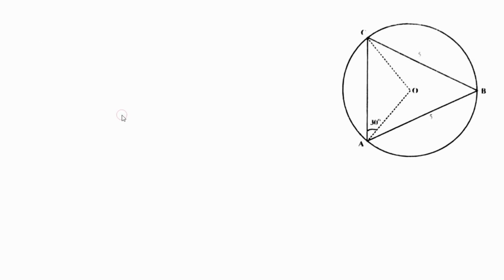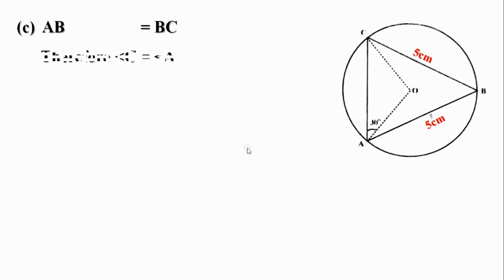Now we have to find the length of AC. Given that AB is 5 cm, BC is 5 cm. So ABC is an isosceles triangle. The angles opposite to these are also equal. That is angle A equal to angle C. Now we know angle ABC equal to 60 degree. Look at triangle ABC.